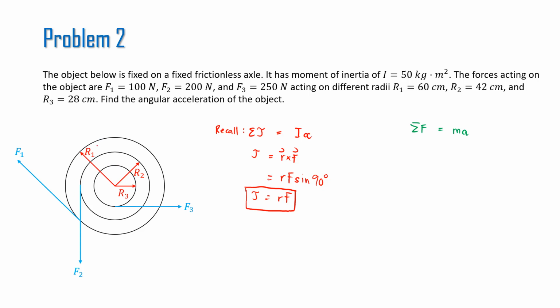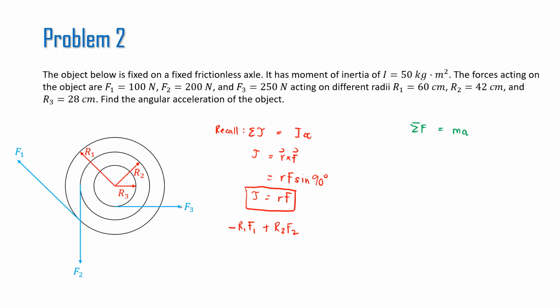We also have to note that counterclockwise torques are positive and clockwise torques are negative. For instance, you have here F1, which is directed there, so this causes a clockwise torque. So you have negative R sub 1 F sub 1. Then your F2 causes a positive torque, so you have plus R sub 2 F sub 2.